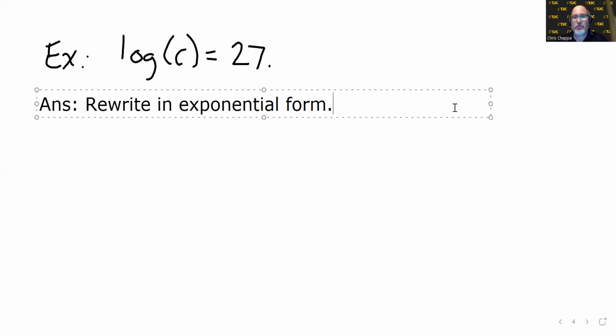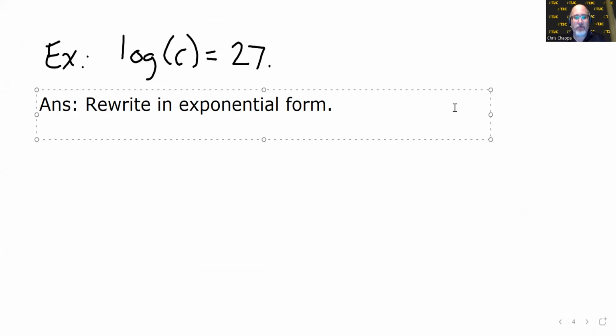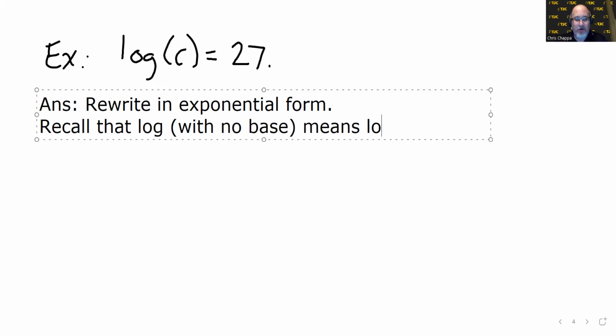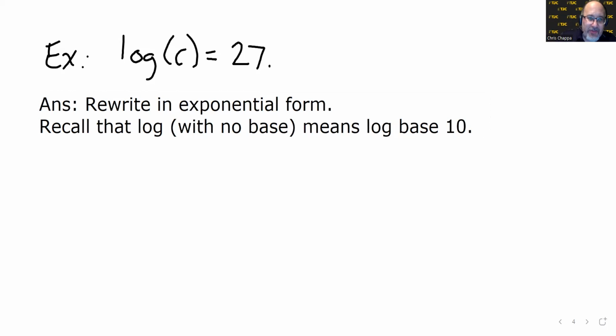You remember what the base is when you have log with no base written. We call that log with no base, which means log base what? Log base 10. So if it helps, you could actually write the base of 10 in there. It's not necessary. It's implied to be there when it's not written.